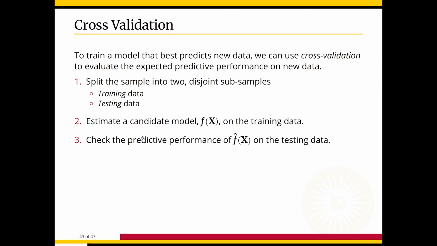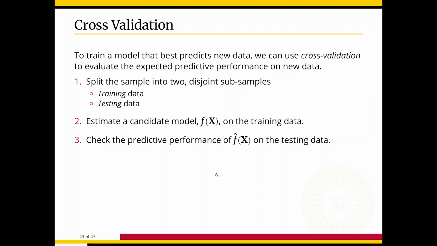In the final step, we check the predictive performance of our estimated model, f hat of x, using the testing data. And we do that specifically by taking our fitted model and plugging in the holdout testing data and getting predictions. And then we calculate the mean squared error from those predictions. That's the test set mean squared error.